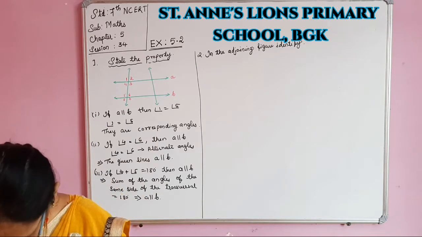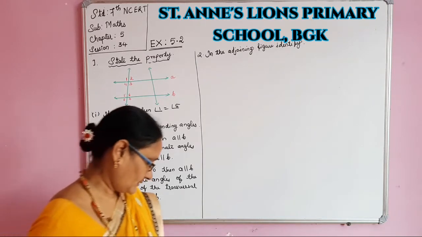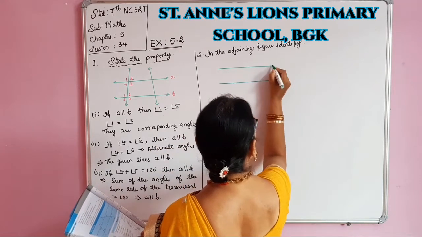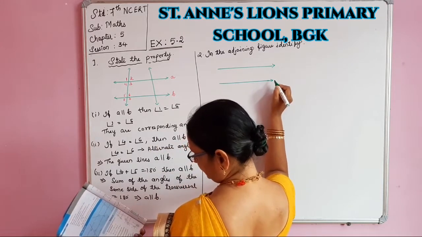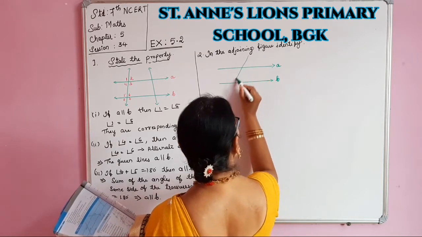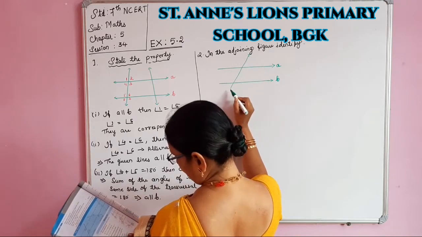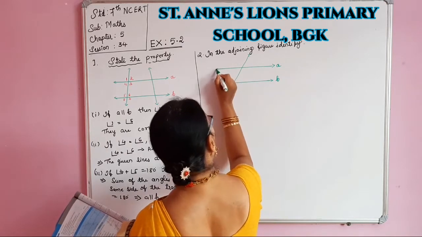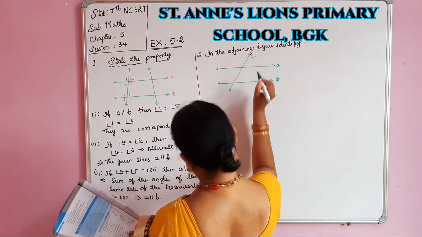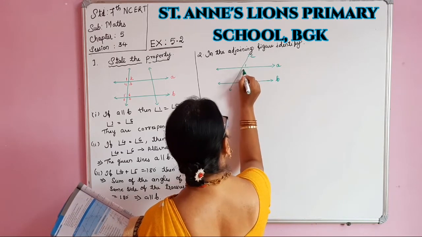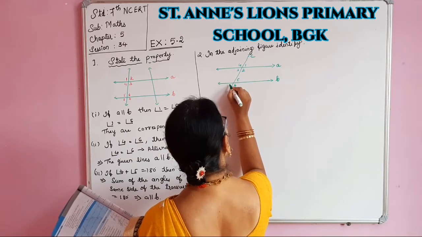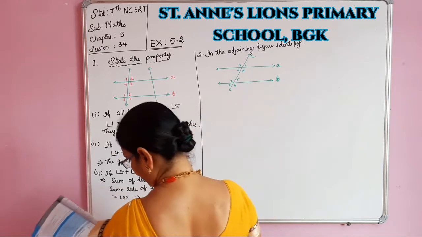See, the second figure you have to draw. This is A, B, this is transversal, and the transversal is C. Then angles formed 1, 2, 3, 4, then 5, 6, 7, 8. Okay, now we have to answer.